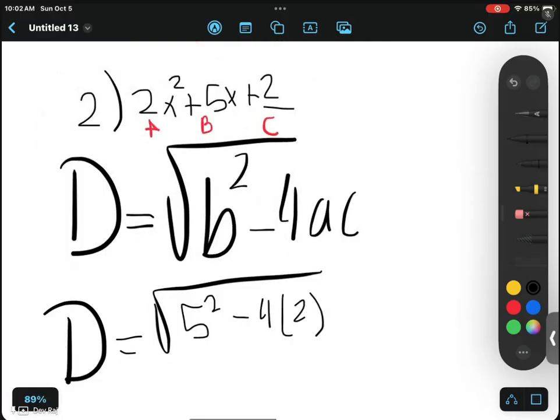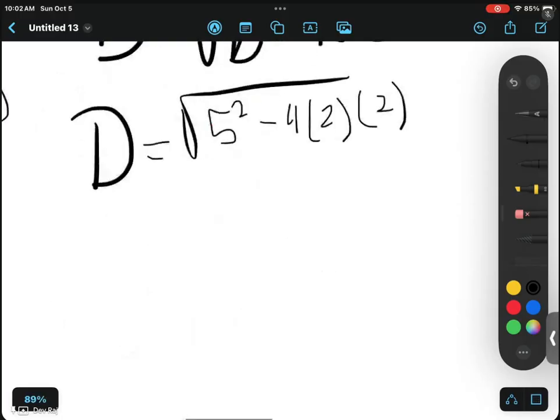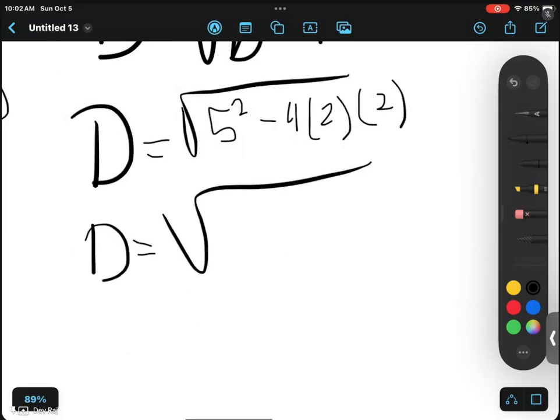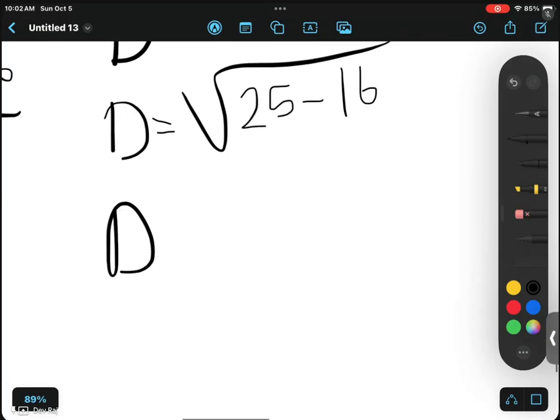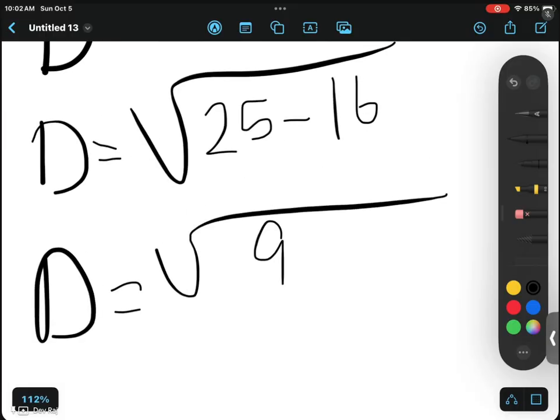C is also 2. So then D is equal to 5 squared, which is 25, minus 4 times 2, which is 8, and 8 times 2, which is 16. So then D is equal to 9, right? Can we agree on that? Okay, so discriminant is a positive number, right? It's a positive number. Amazing.